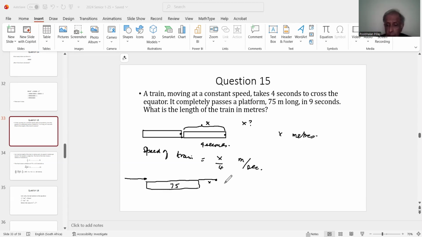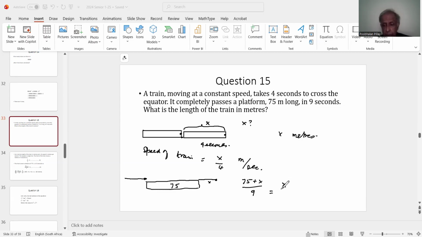So it covers 75 plus x meters in 9 seconds. So this tells you the speed is 75 plus x over 9, and it's traveling at constant speed.